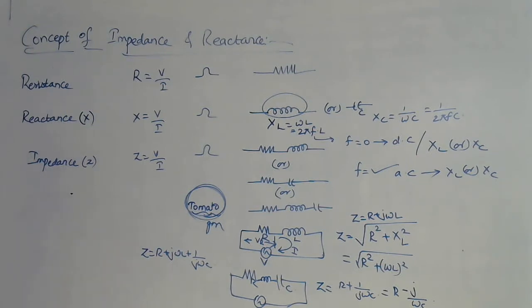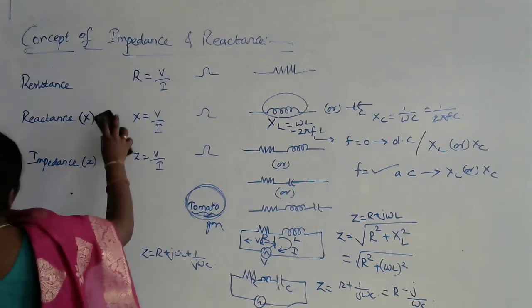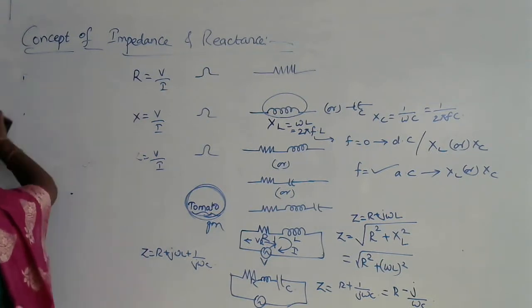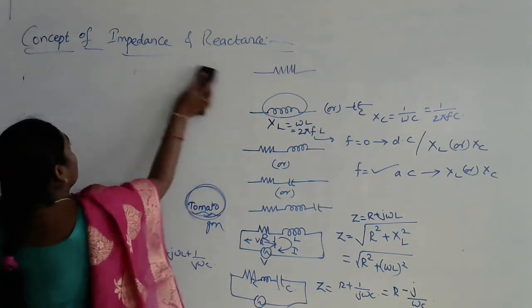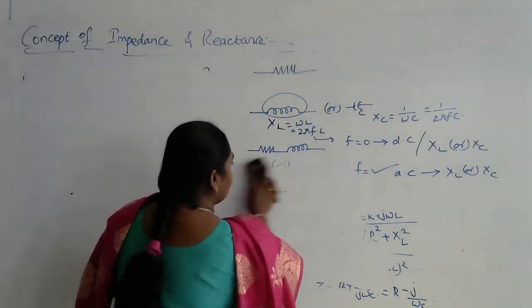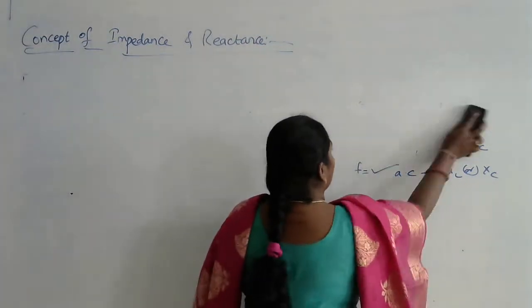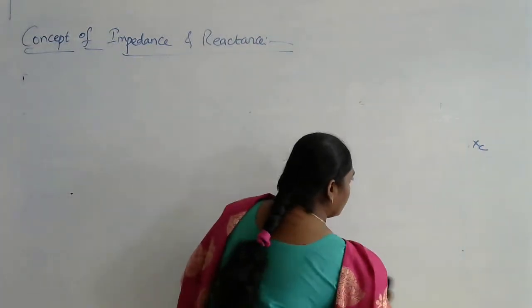Now coming to the complete concept of the first one, which is nothing but impedance. In the concept of an impedance, we can say that a circuit consists of a resistor followed by a capacitor or inductor or both.